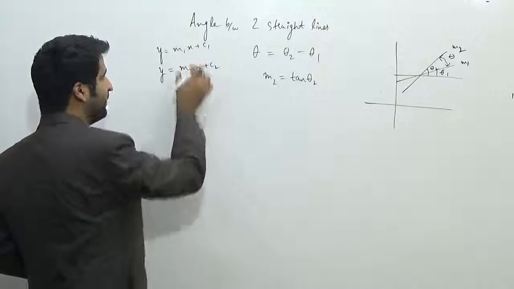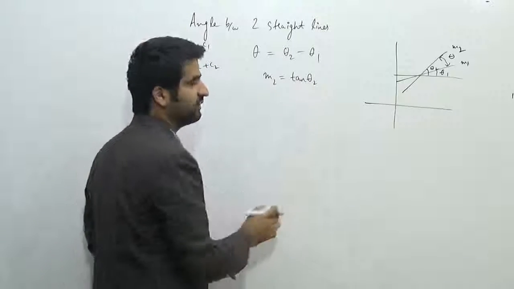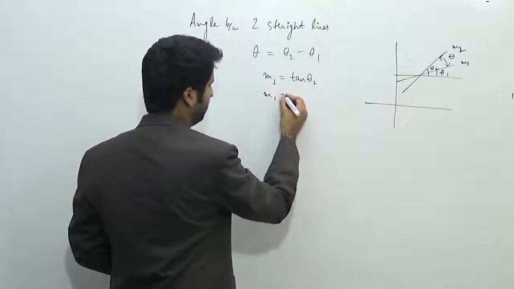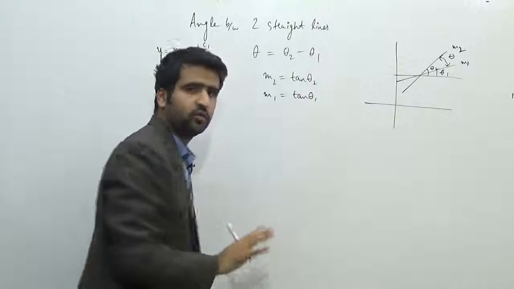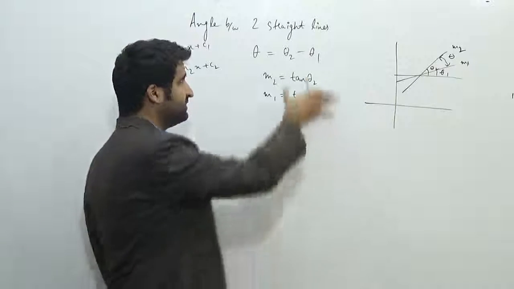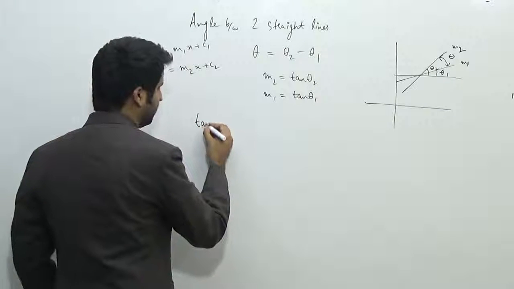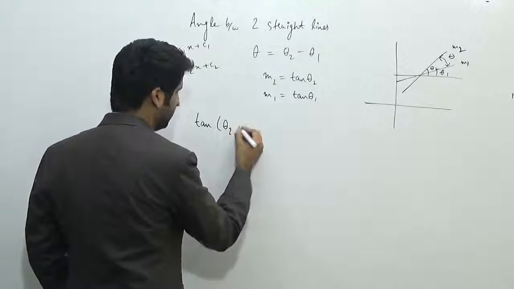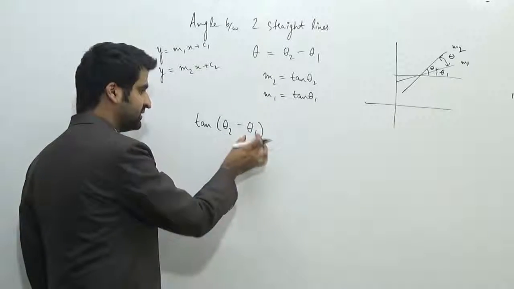Now I know the value of m1 and m2, so I know the value of tan theta 1 and tan theta 2. What I have to find is theta 2 minus theta 1, so we're going to calculate the value of tan(theta 2 minus theta 1).